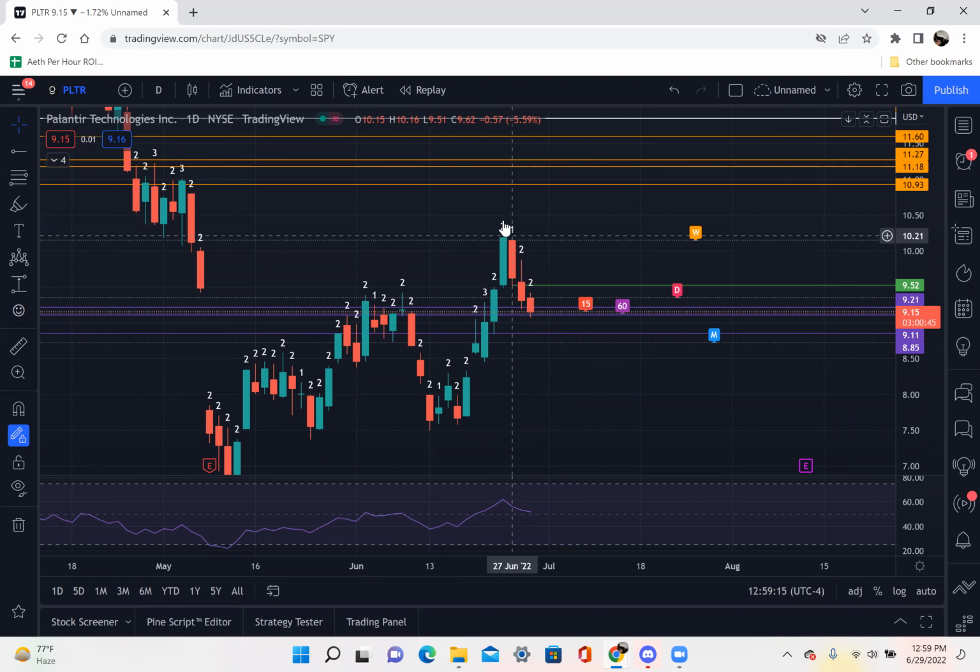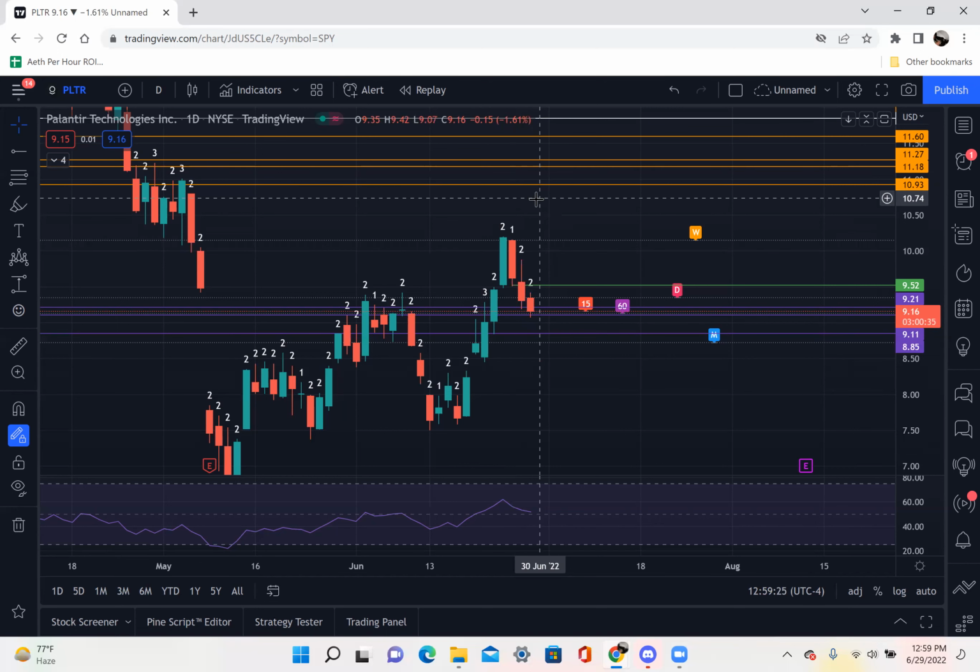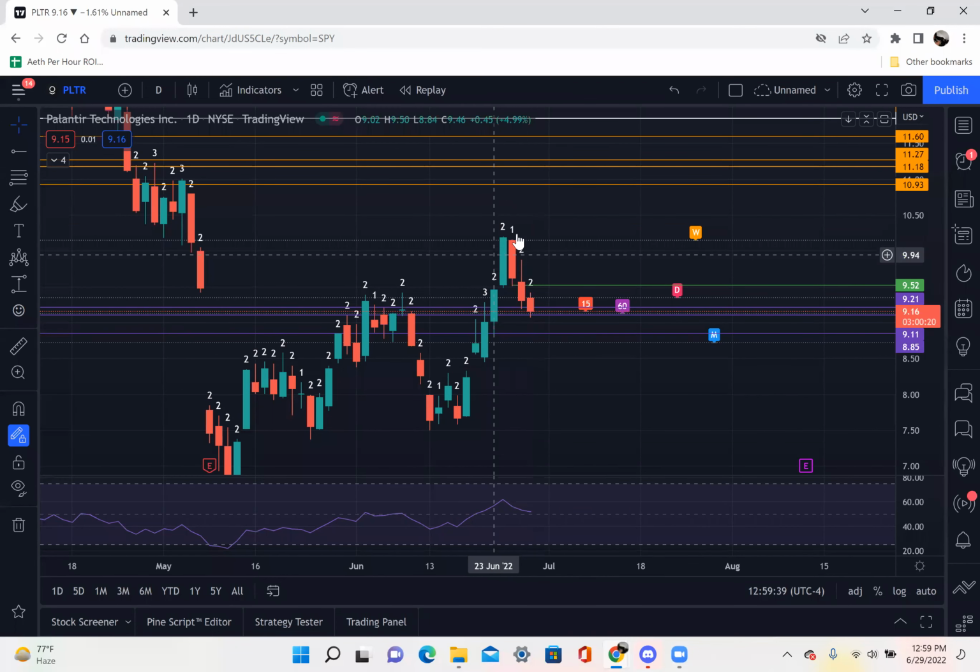If it breaks this high, you were saying the right numbers, but what I didn't look at perfectly is the fact that you knew how to distinguish a 2-1-2 continuation, that's what you called it. You said if it would have broken 1016, that would have signified a 2-1-2 bullish continuation, not a reversal, but a continuation, right? This is a reversal, 2-1-2 reversal. This would have been a continuation.